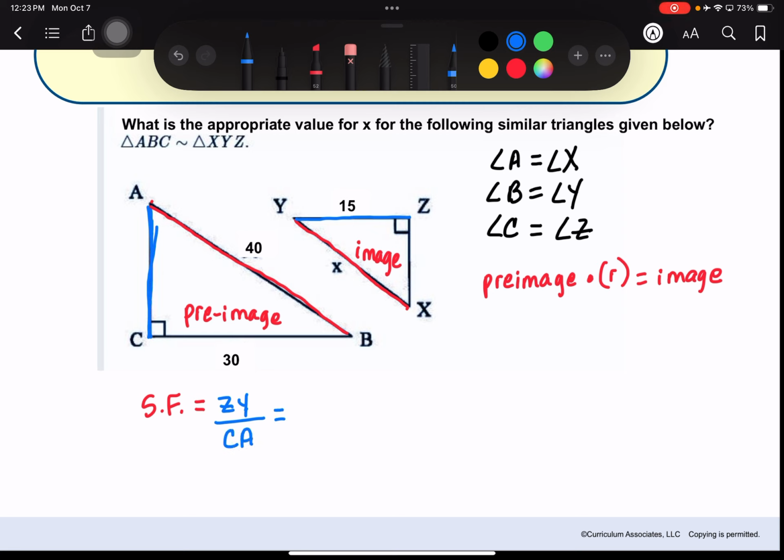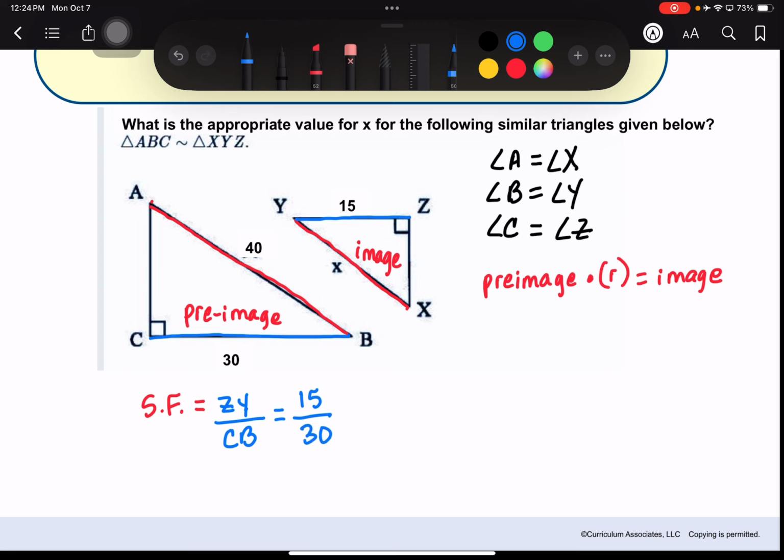So now I want to take the length of ZY, which is 15, and divide it by CB, which is 30. So ZY is similar to CB. So it's 15 divided by 30.